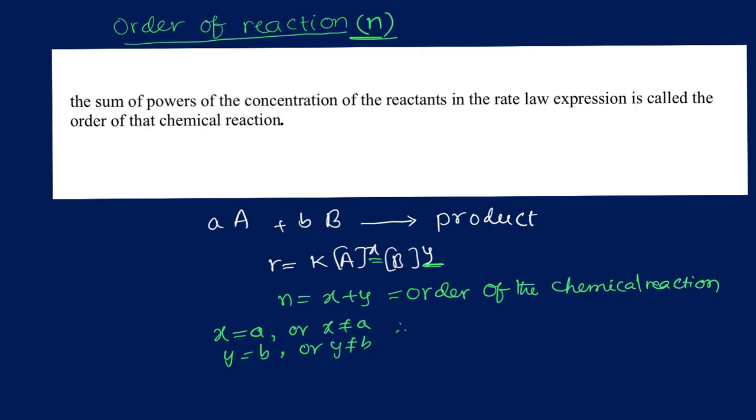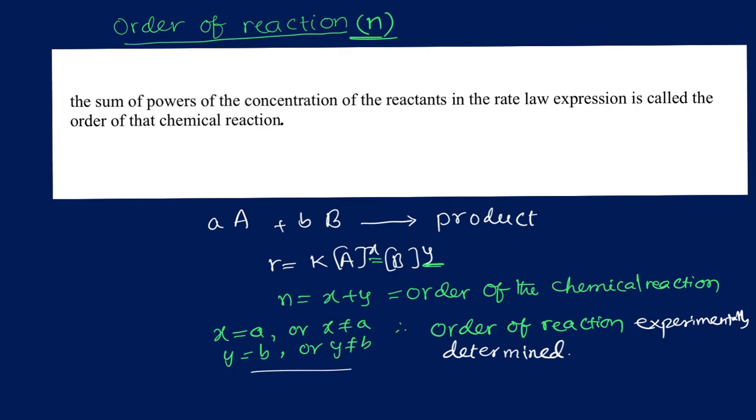So the order of reaction is experimentally determined. Why is this experimentally determined? Because of this reason. Some examples related to this.